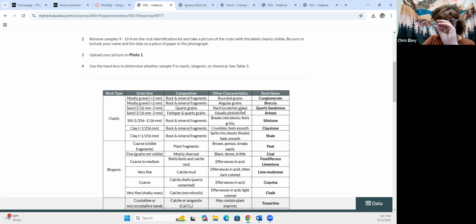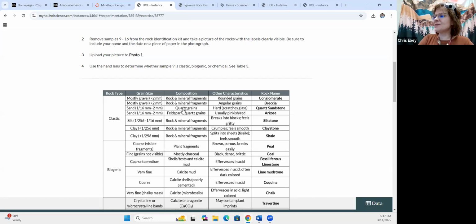What is very clear in number 9 is that the fragments are pretty angular. They're not well rounded. They've got a lot of good angles on them. So in your chart over here, you're going to see more angular grains.